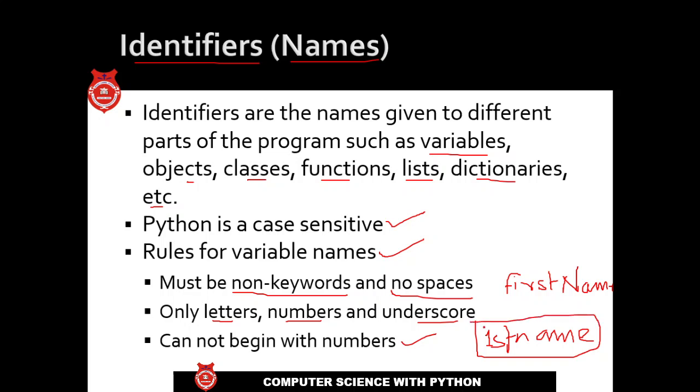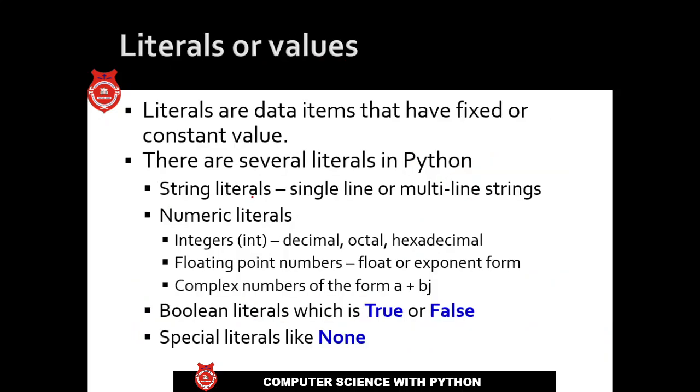Why? Because it starts with a number. If it is not starting with a number, it's fine. But this variable name starts with a number, so Python will not accept it. So you must remember these three golden rules for programming in Python. Alright? Now let's go to the next slide.